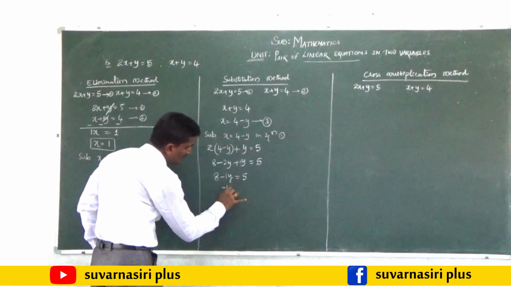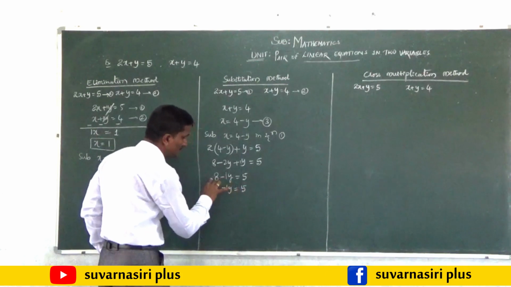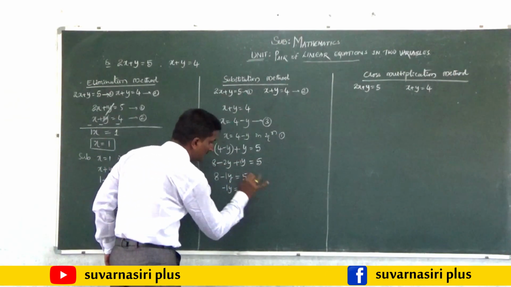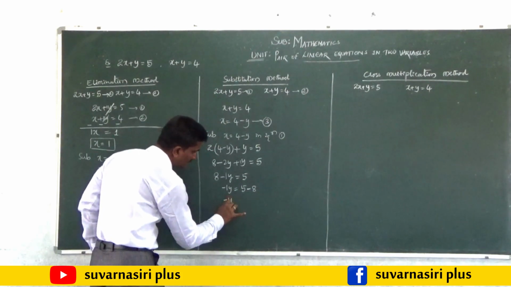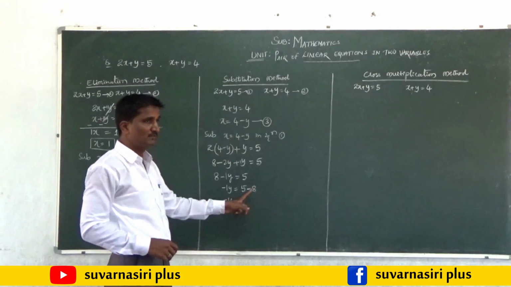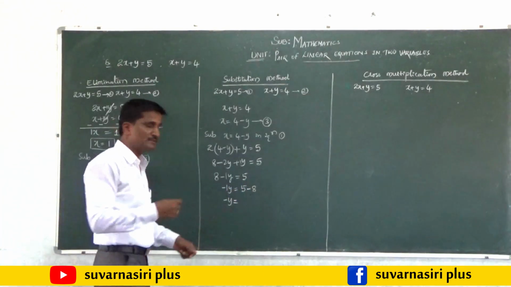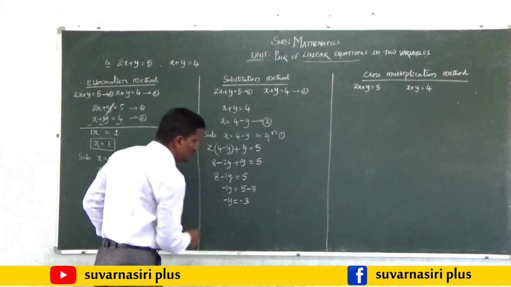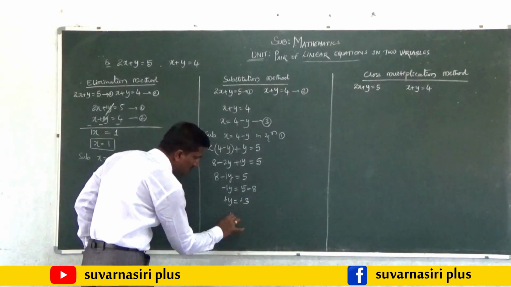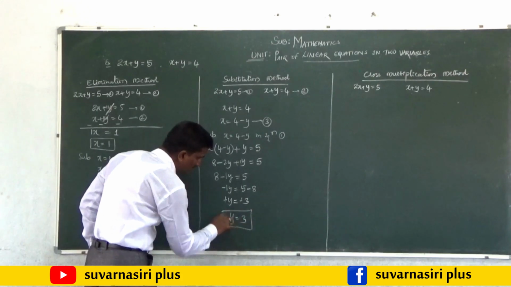Once you take 8 to the right side, it becomes minus 8. Minus y is equal to 5 minus 8. Minus 8 plus 5 becomes minus 3. So both sides minus and minus cancel, we get y is equal to 3.